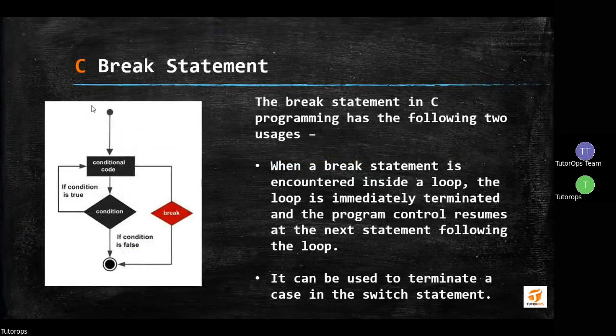I already explained the break statement. The break statement in C programming has the following two usages. When a break statement is encountered inside a loop, the loop is immediately terminated and the program control resumes at the next statement following the loop. I already showed that in switch case.